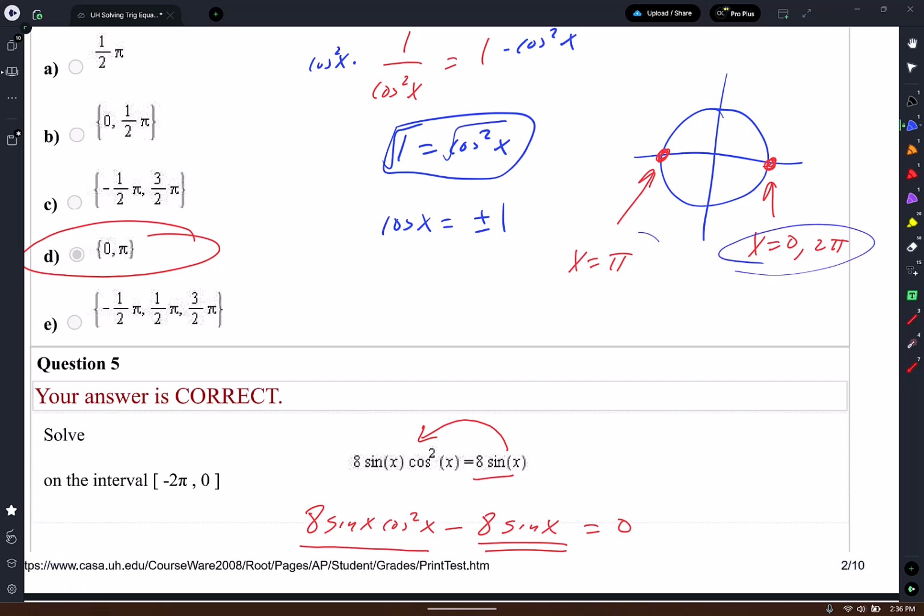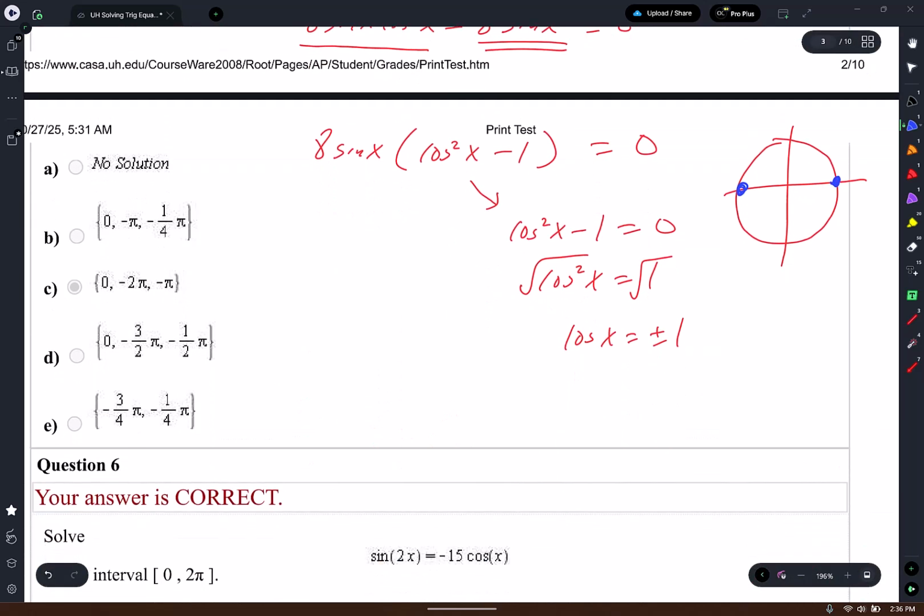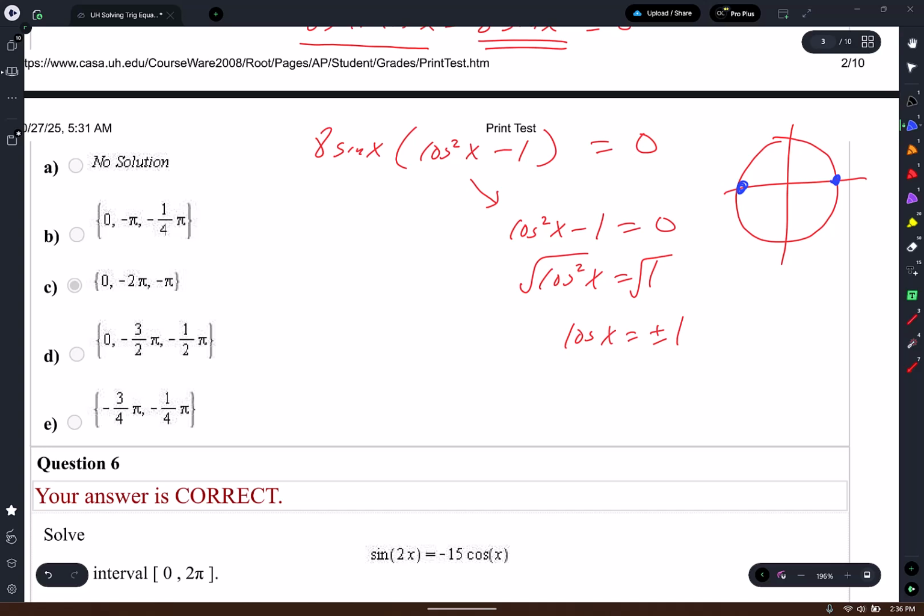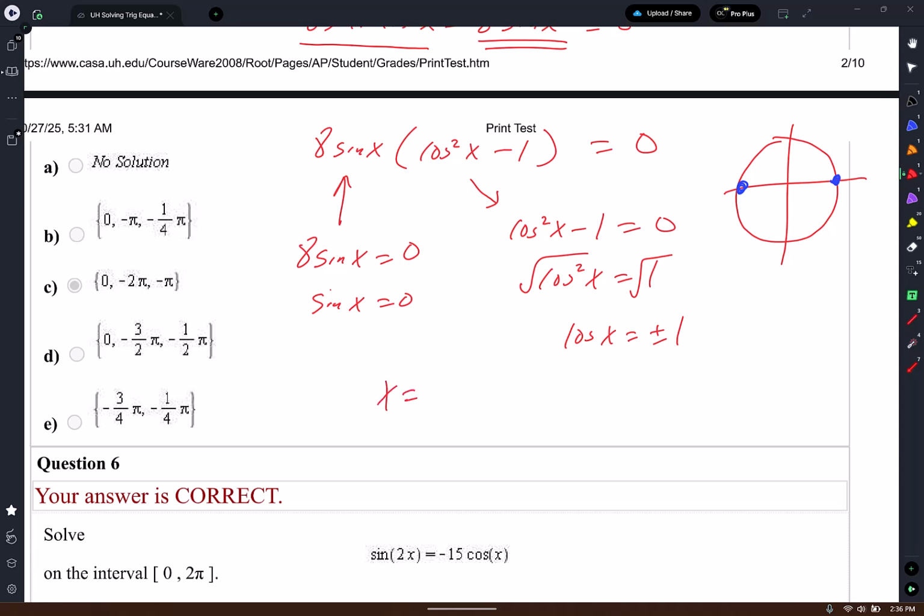Look at that. And by coincidence, those are also the same locations where sine x is 0. I guess you don't have to write 8 sine x. Divide by 8, divide by 8. Where is sine x equal to 0? All the same locations. So x equals 0, pi, 2 pi, n pi, where n is any integer.